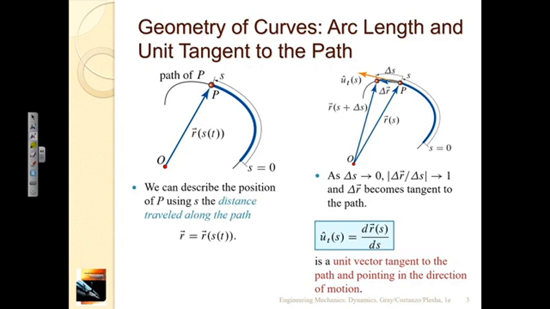So what we're going to do is we say, hey, our tangential direction is the limit as delta s goes to 0 of delta r over delta s.